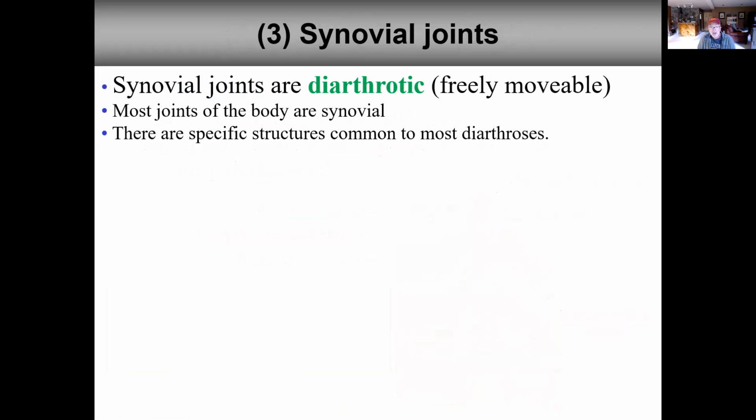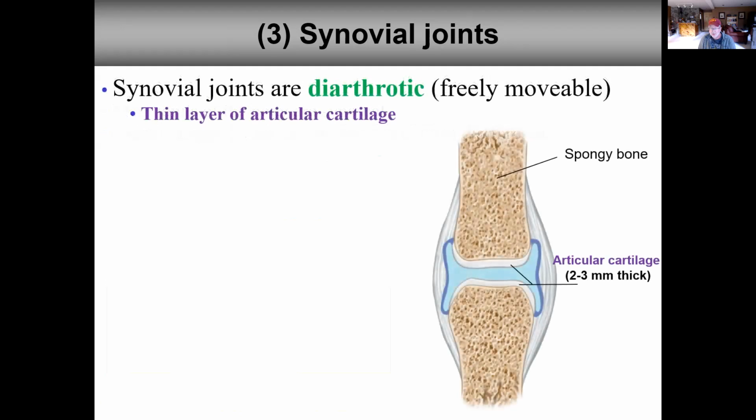And as we talk about these diarthrotic synovial joints, we're going to be coming up with terms that we can use to describe the structural framework of almost any synovial joint. So I'm going to be giving you some terms now in a diagram we can look at to define some of these important structures.